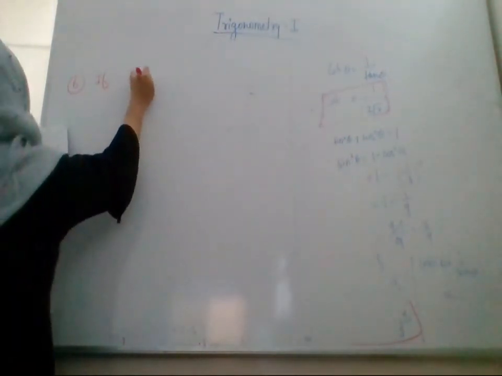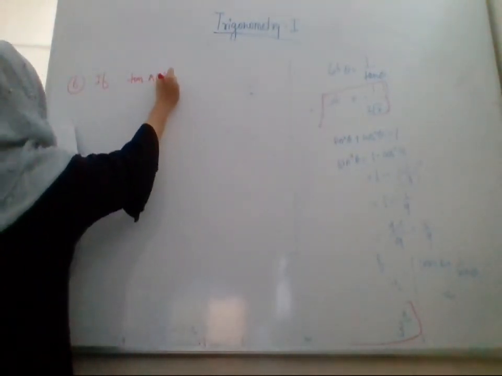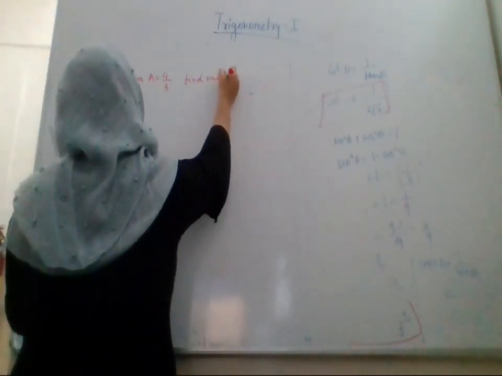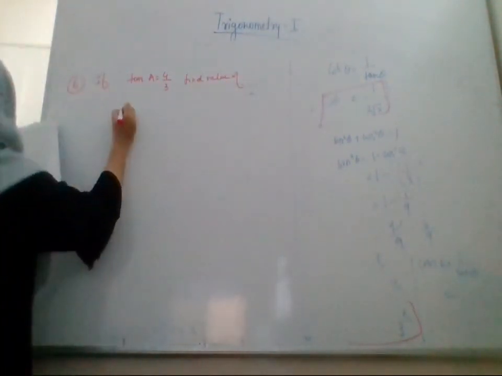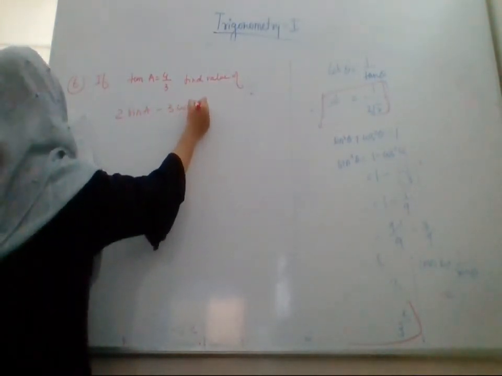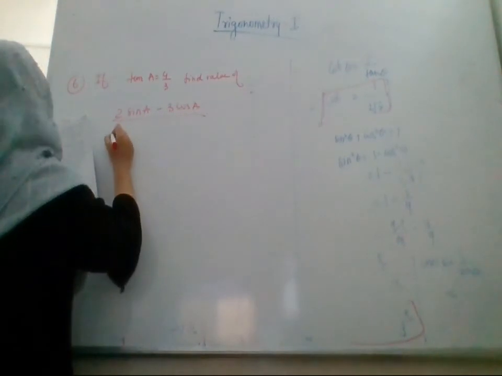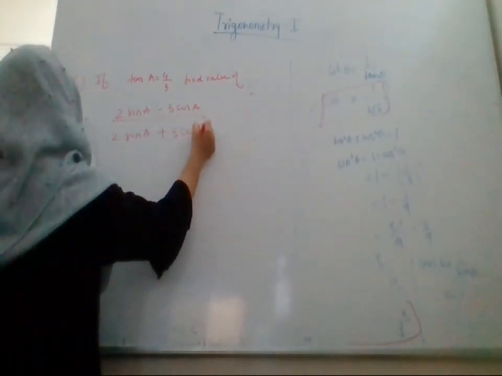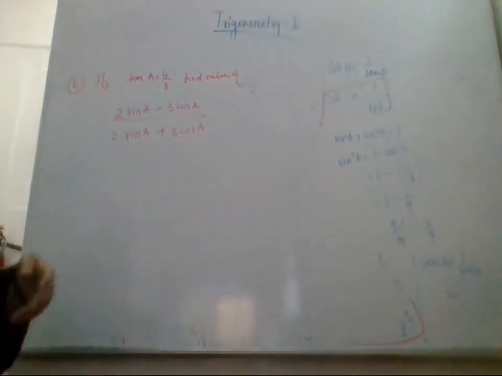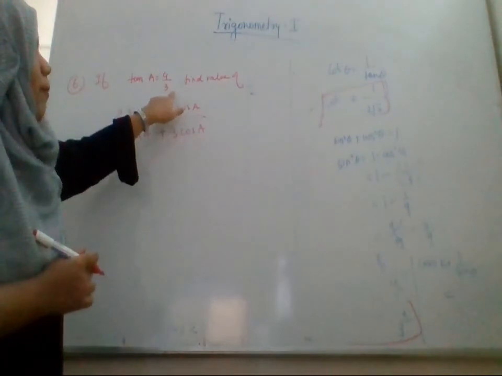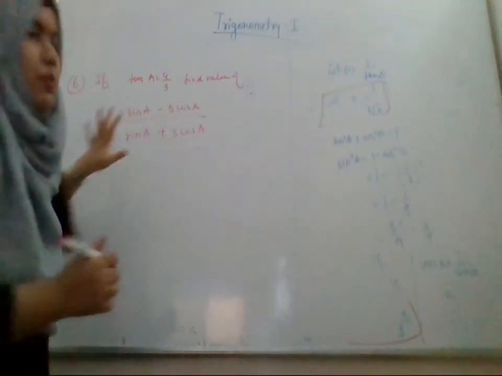If tan A is equal to 4/3, find the value of (2 sin A minus 3 cos A) divided by (2 sin A plus 3 cos A). So here it is given that tan A is 4/3. Find the value of this expression.